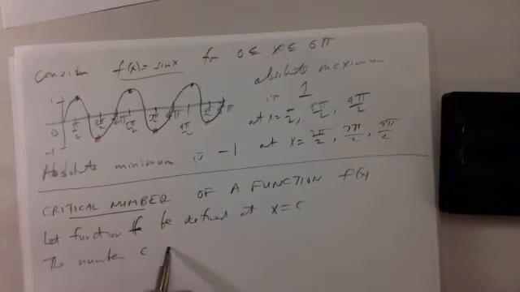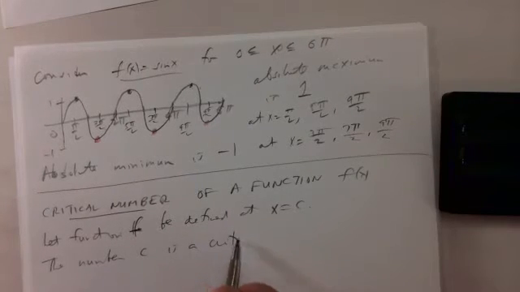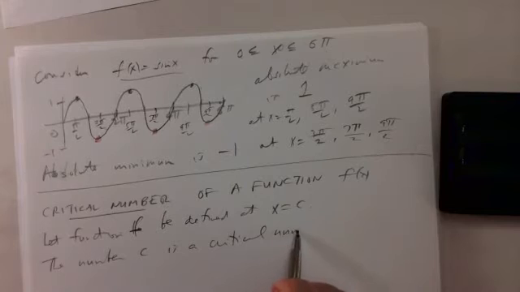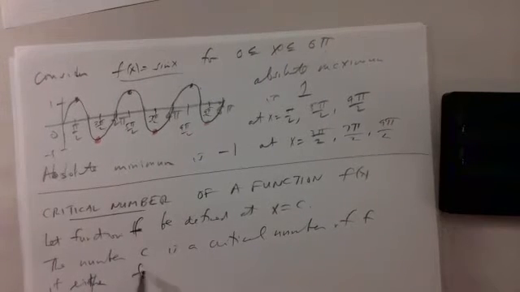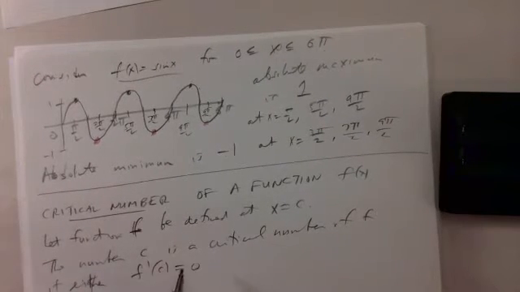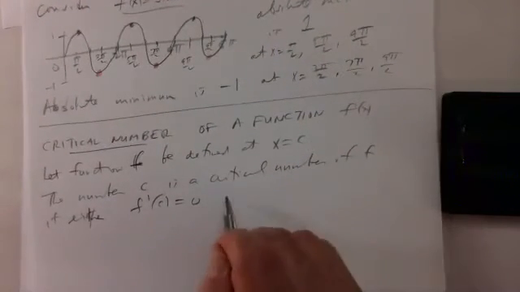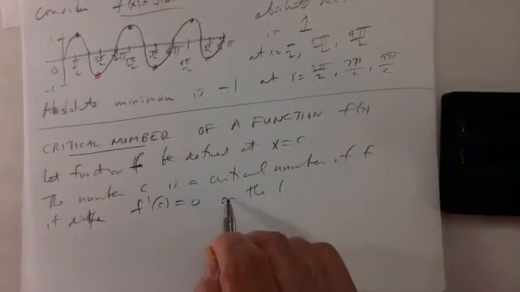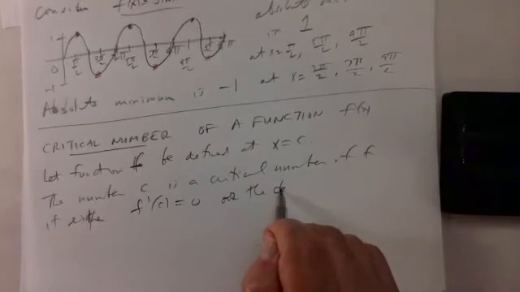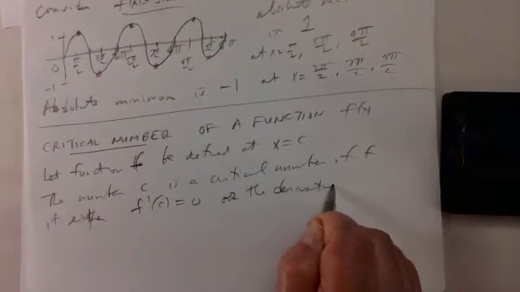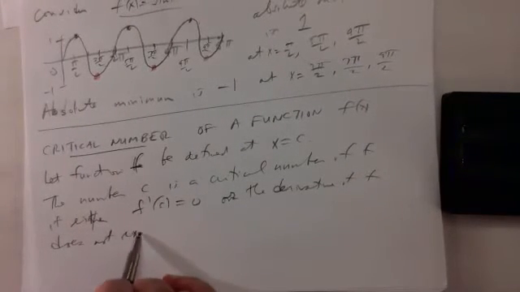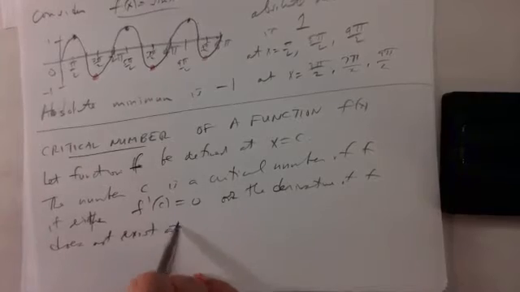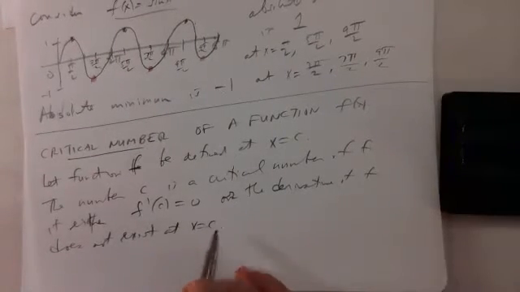The number c is a critical number of f if either the derivative of the function at c is zero, or there's no derivative. The derivative of f does not exist at the point x equals c.